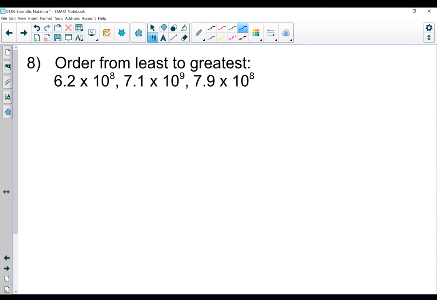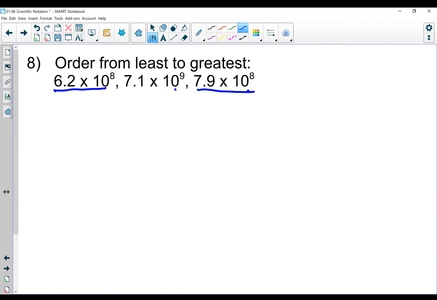For number 8, we're asked to order from least to greatest. So in order to get a number ordered from least to greatest, they're already in scientific notation. We know the one with the smallest exponent on 10 will be the smallest number. So I have 10 to the 8th, I have 10 to the 9th, I have 10 to the 8th again. So both of these numbers that are 10 to the 8th, those are going to be the smallest two numbers.